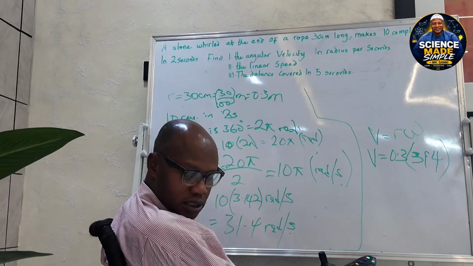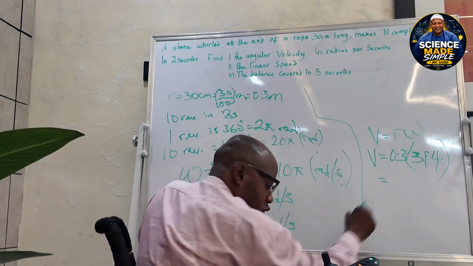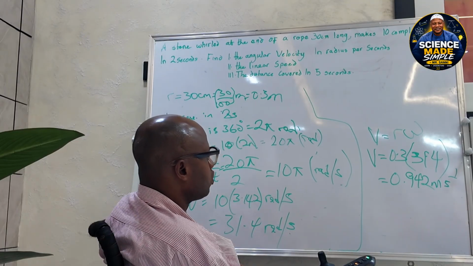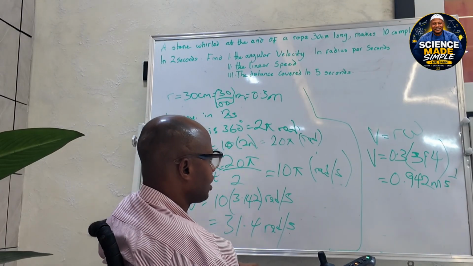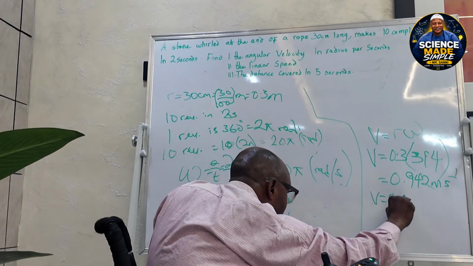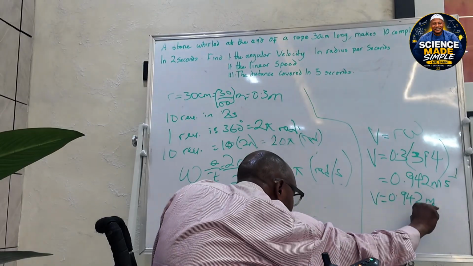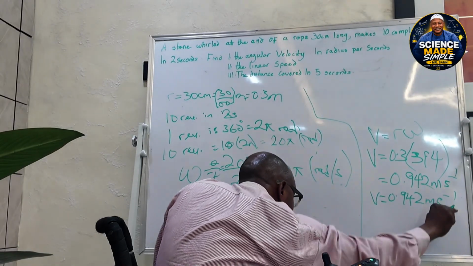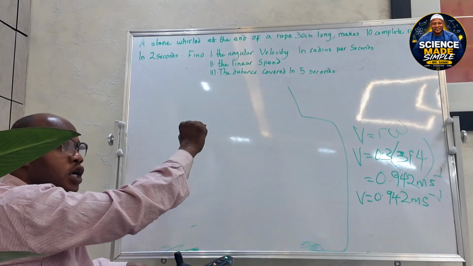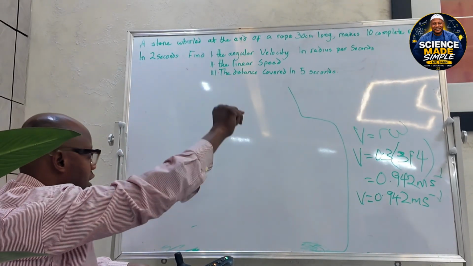That will now give us v is equal to 0.942 meter per second.